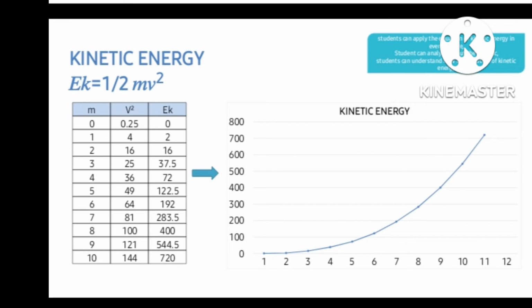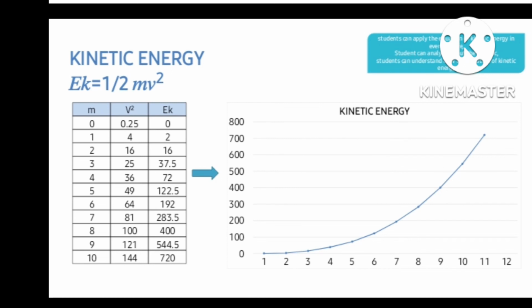Next, the mass is 7, the square velocity is 81. Then the value of kinetic energy is 283.5. Next, the mass is 8, the square velocity is 100. Then the value of kinetic energy is 400. Next, the mass is 9, the square velocity is 121.